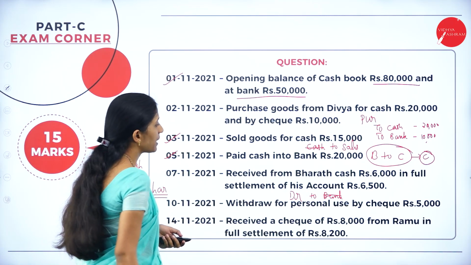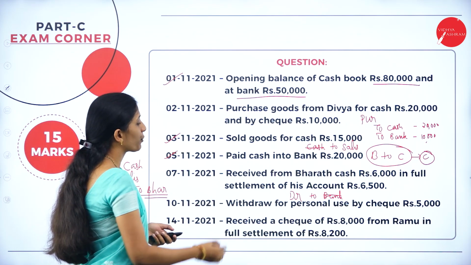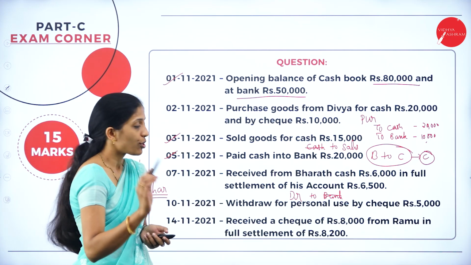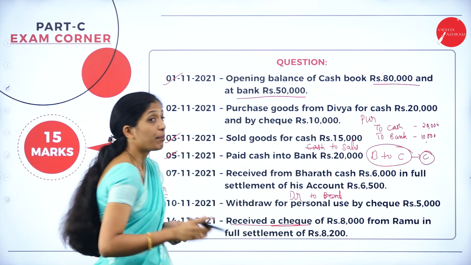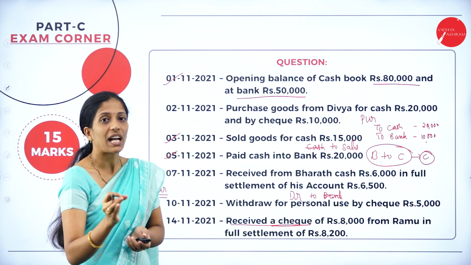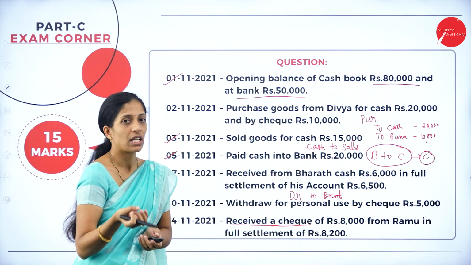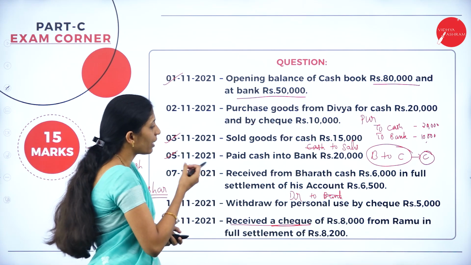Next one is received a check of rupees 8,000 from Ramu in full settlement of rupees 8,200. So my dear students, always remember, even though it is a received check, it is not deposited on the same day, so we have to assume that we have received cash. So check is in the form of cash in our hand. So what is the entry?